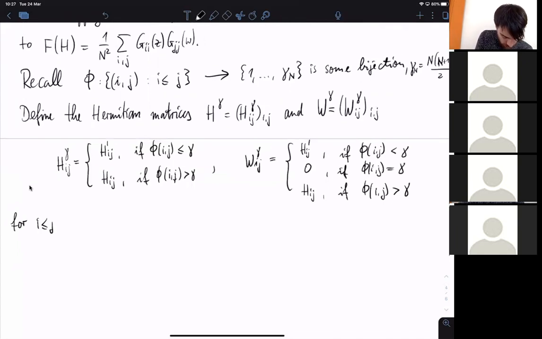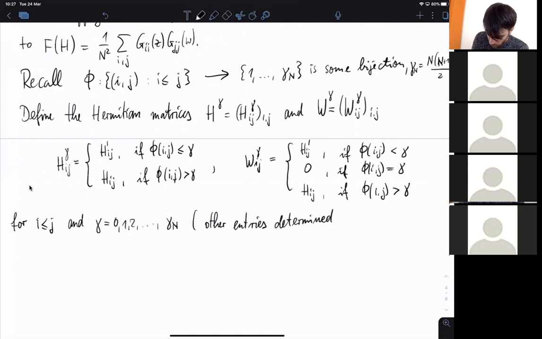Here I assume that i is smaller than j, and gamma runs from 0, 1, 2, up to gamma n. The other entries are of course determined by Hermitian symmetry.